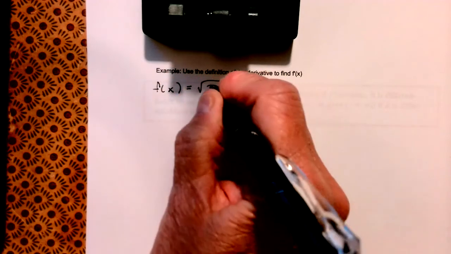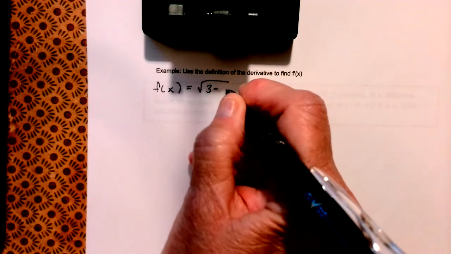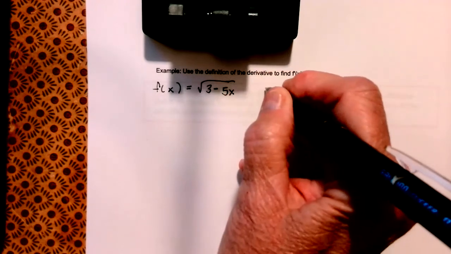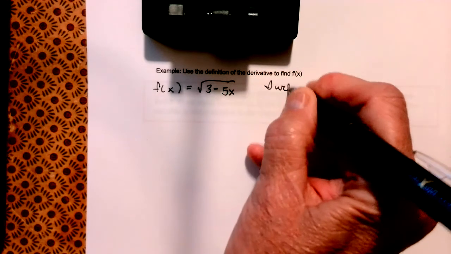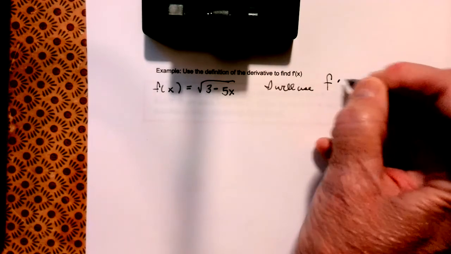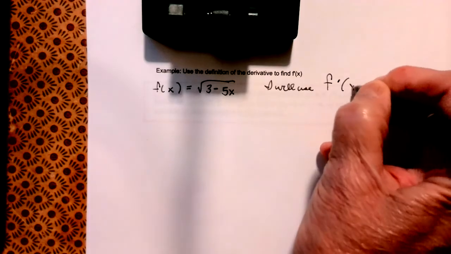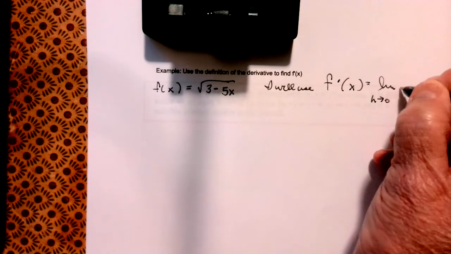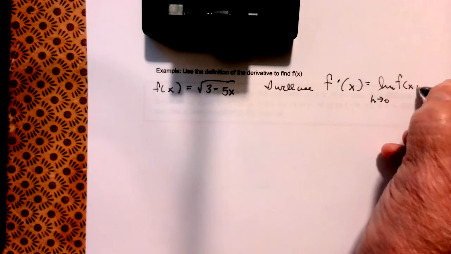So f of x in this case is equal to the square root of 3 minus 5x. And so I'm going to use this definition. I could use the other definition, definition 1, but I'm going to use this one this time.